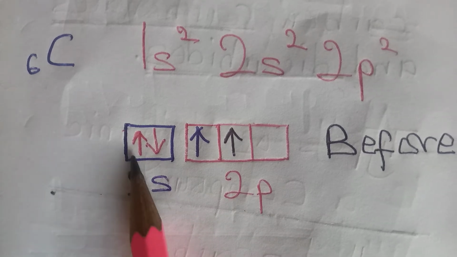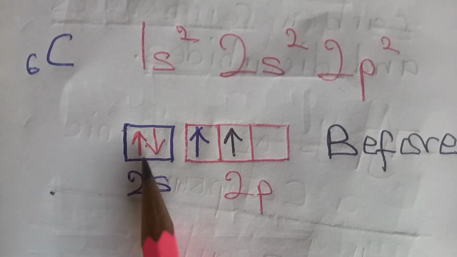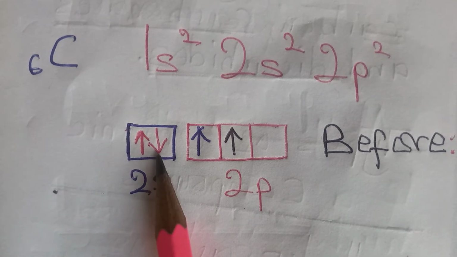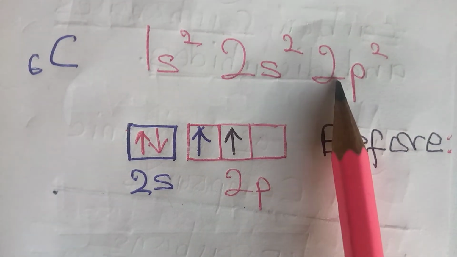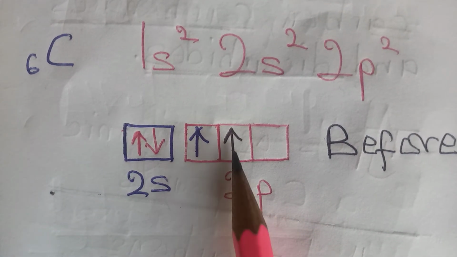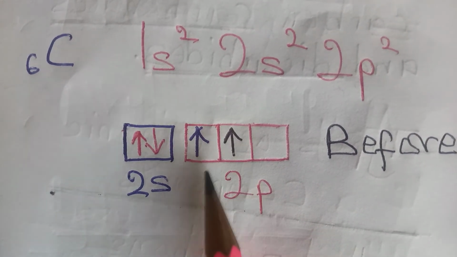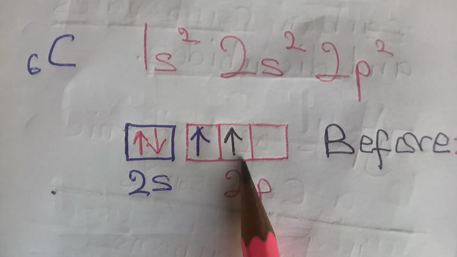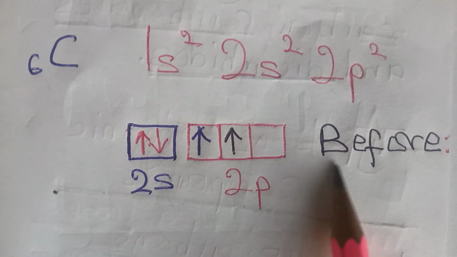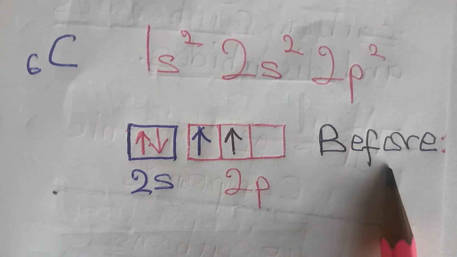Their spin must be in the opposite direction, which means if one electron is facing upwards, the other one must come down. Then this 2p orbital with its 2 electrons are these orbitals you have here. This first orbital is the px, this is the py, and of course a vacant pz orbital. This is the structure of a carbon atom before hybridization.